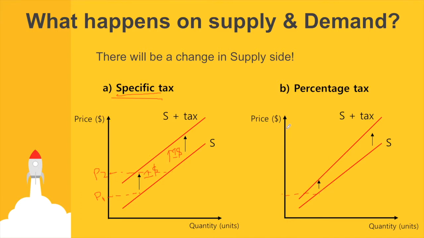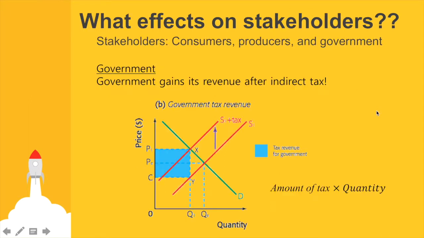But as price gets higher, the gap between those two curves gets greater. Okay, that's what happens on the supply curve when there's specific tax and percentage tax.